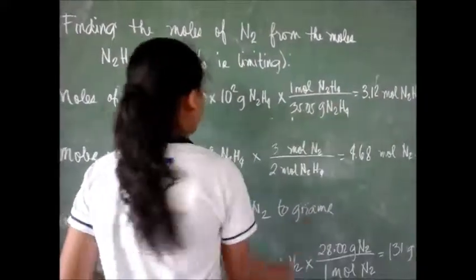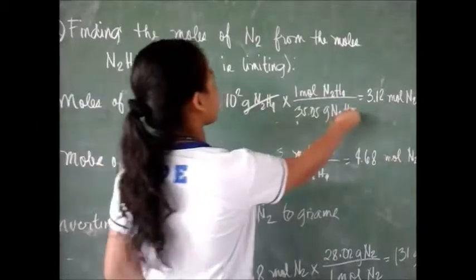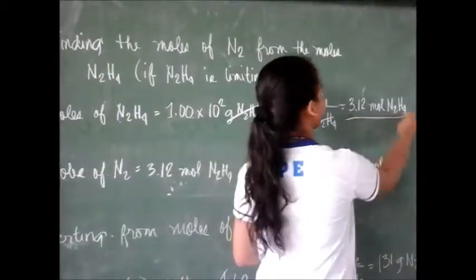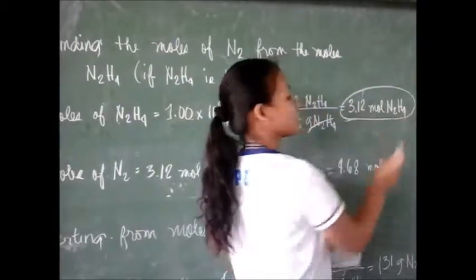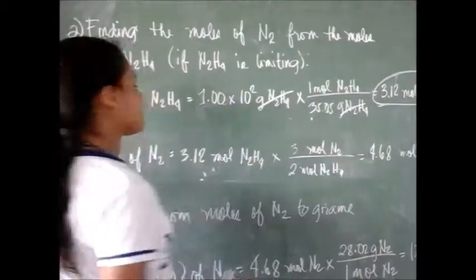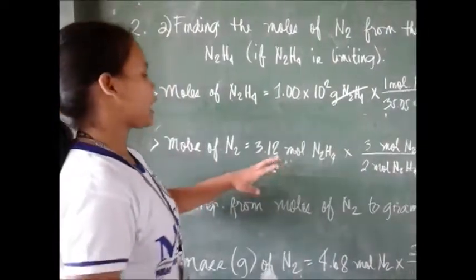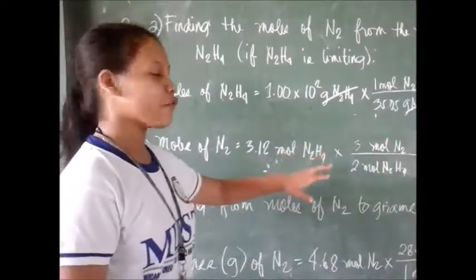Then here, the grams of hydrazine will be cancelled. Remain only the 3.12 mole of N2H4.